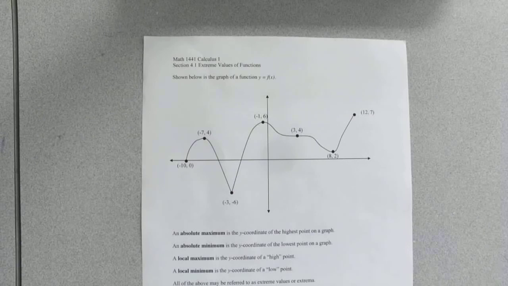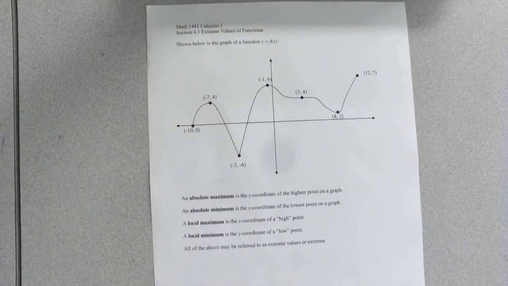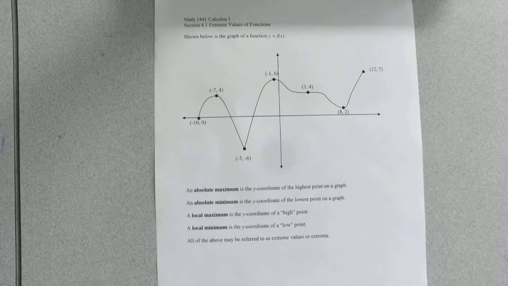If you're one of my students, contact me and tell me you want to know the precise definitions. These are not precise mathematical definitions. They are what I call visual definitions.